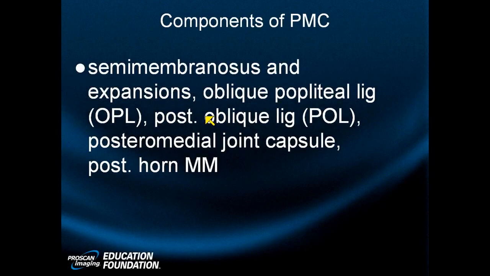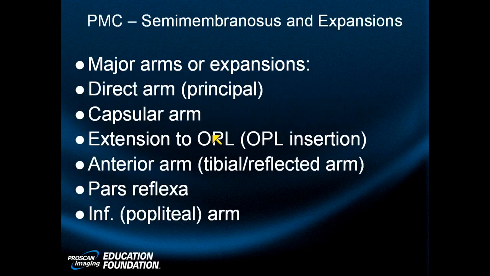We talked about the components of the posteromedial corner: the oblique popliteal ligament, which goes around the back; the posterior oblique ligament, which comes around the front and travels with the superficial back portion of the MCL; the posteromedial joint capsule; and the posterior horn of the medial meniscus.